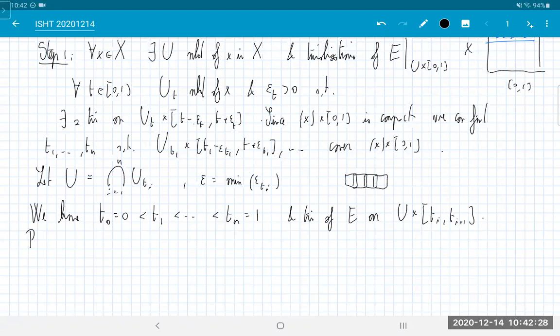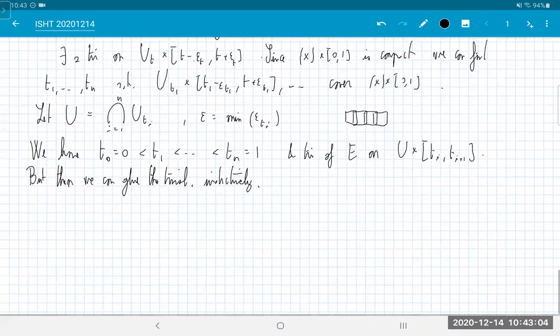But then we can do the trivialization inductively. You start with the trivialization over [0, T1], and then the next trivialization might differ by an automorphism on the restriction to U times T1, but you can use this automorphism to change the trivialization.